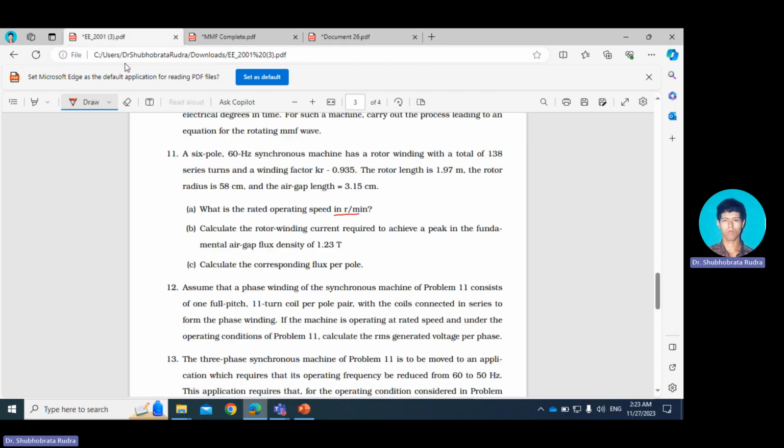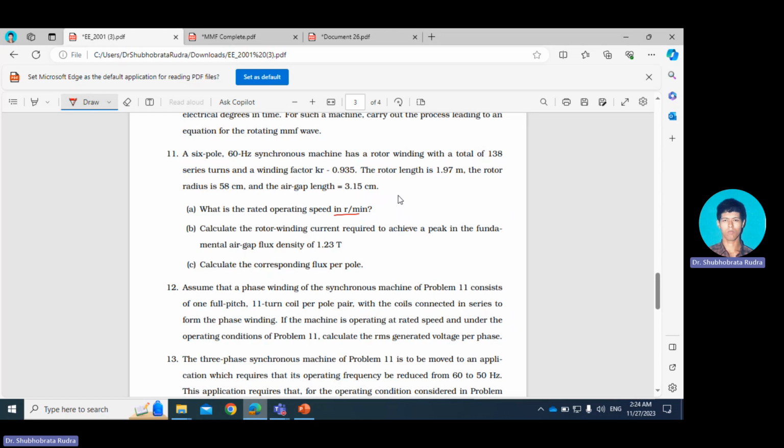What does it say? It says a 60 hertz synchronous machine has a rotor winding of this. Okay, one thing we can easily find out is the rotation per minute because it is 6-pole.